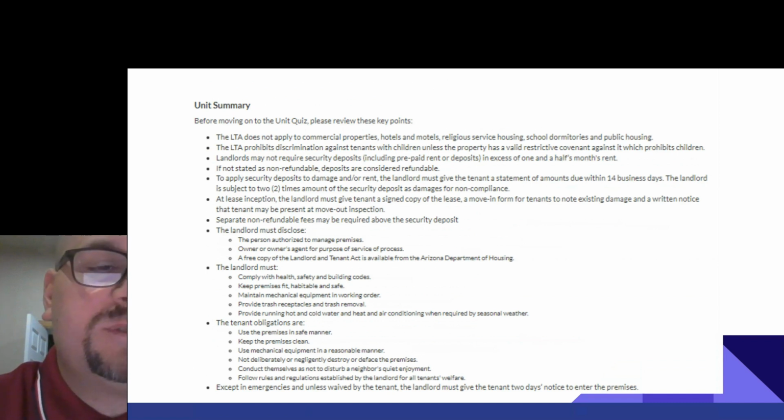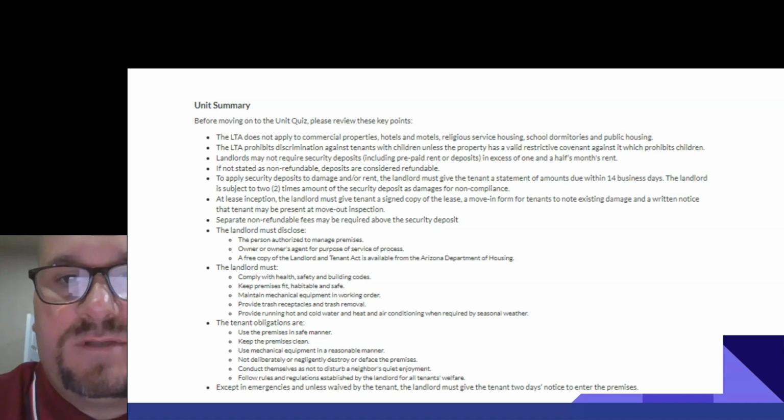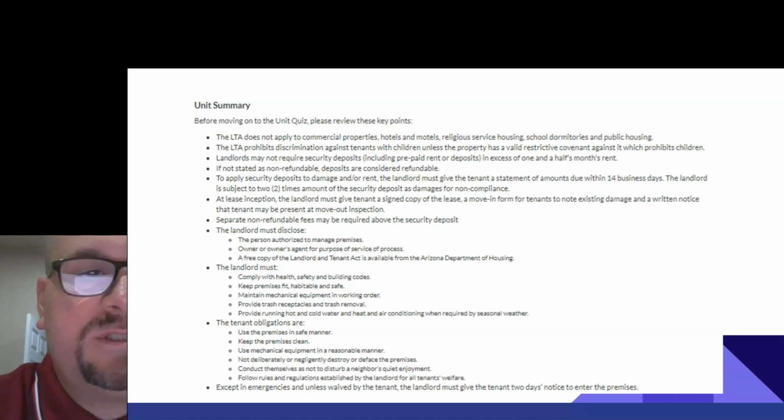So the landlord is subject to 2 times the amount of the security deposit as damages for non-compliance. At lease inception, the landlord must give tenants a signed copy of the lease, a move-in form for tenants to note existing damage, and a written notice that tenant may be present at move-out inspection.